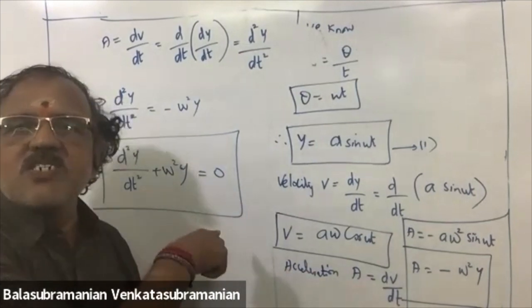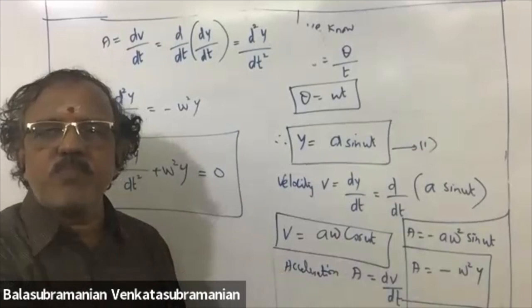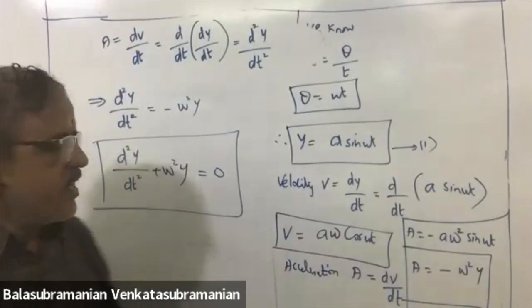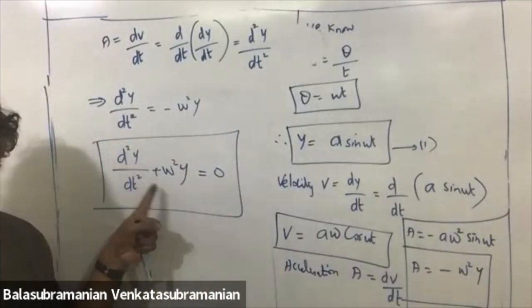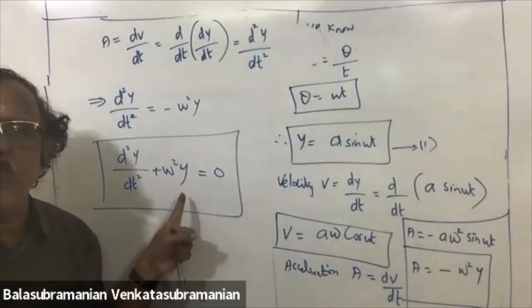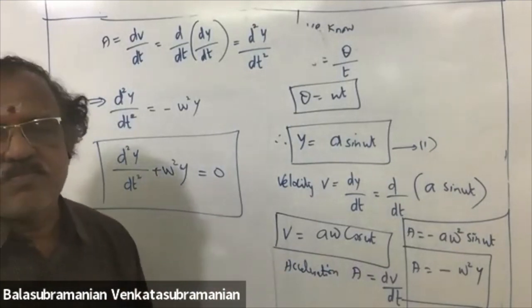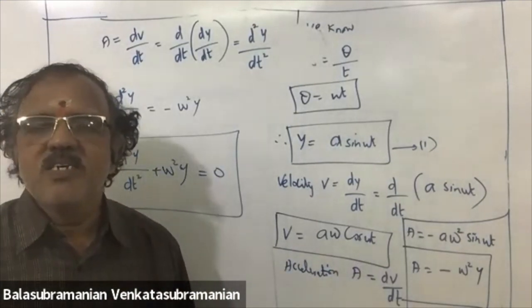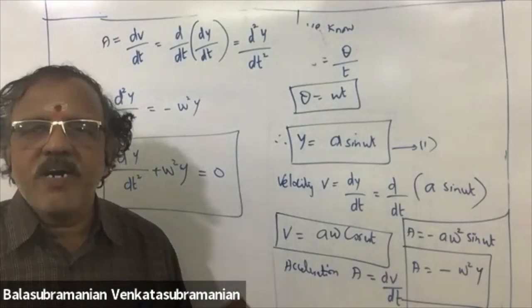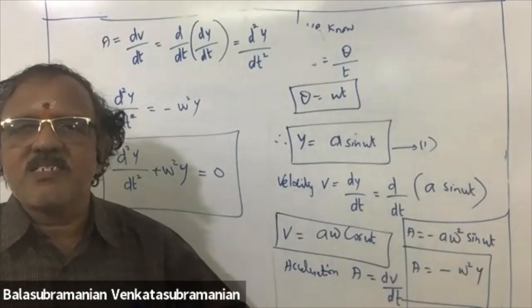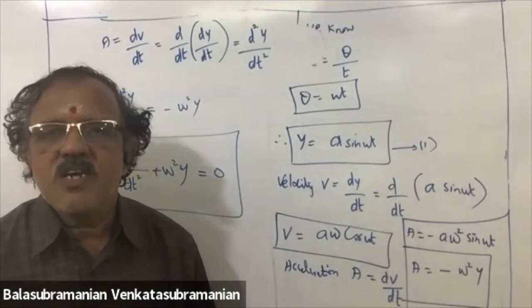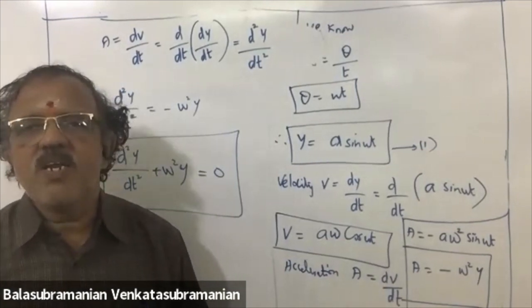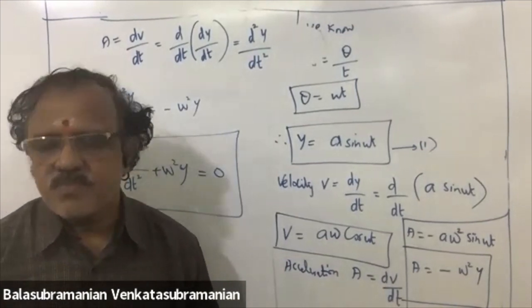This is the differential equation of SHM, simple harmonic motion. Y is the displacement of the particle executing SHM. Omega is a constant, the angular velocity.